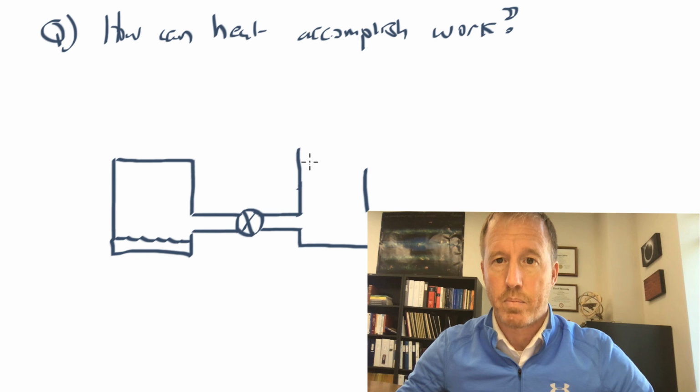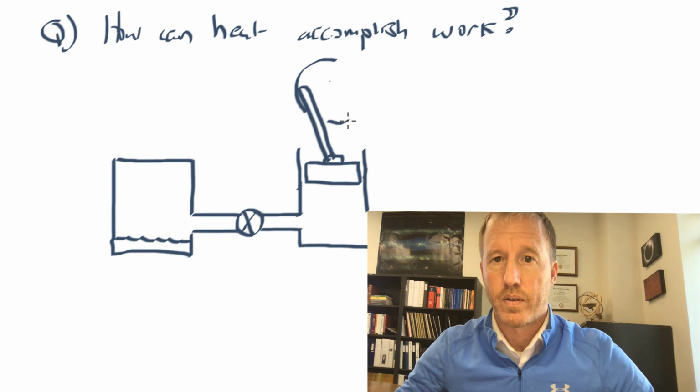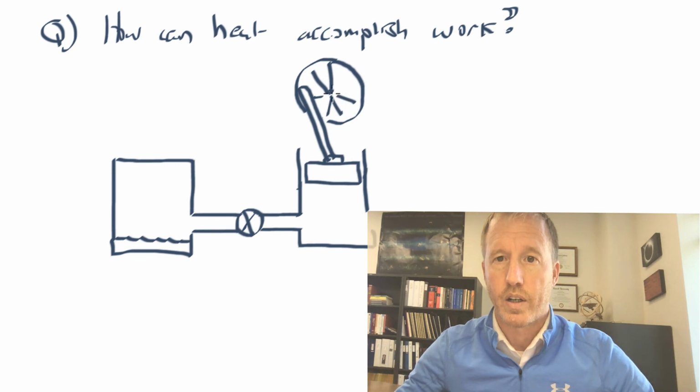So this is a chamber which contains a tightly fitting piston like this, and that piston is attached via some kind of joint to a rod, and this rod is attached to a wheel. Specifically, it's attached to the perimeter of this wheel, and this wheel can turn. I'll explain how this works in a moment.